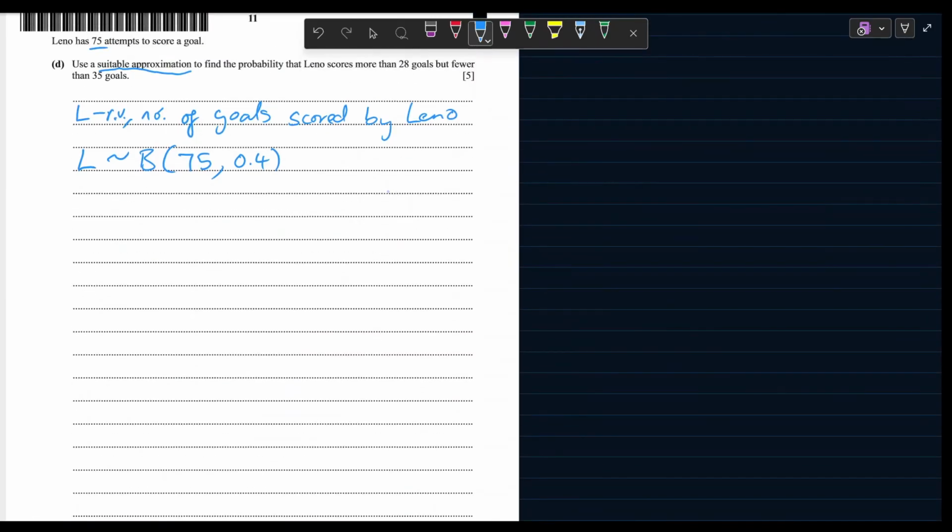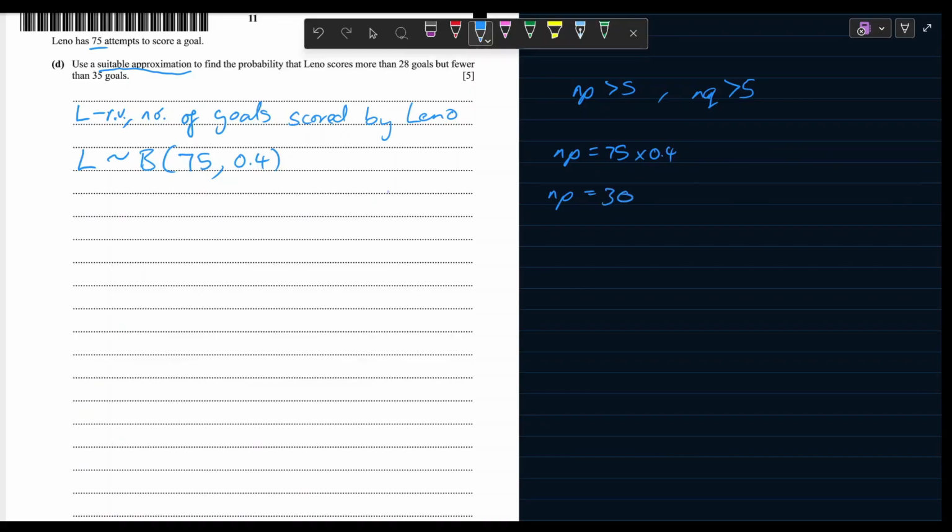Okay. And you can just double check to make sure that the conditions for the approximation are satisfied. So the conditions should be that np is greater than 5 and nq is greater than 5 as well. So we can check what is our np. np is 75 times 0.4, which gives us 30.